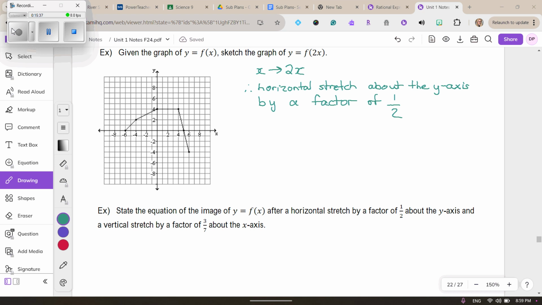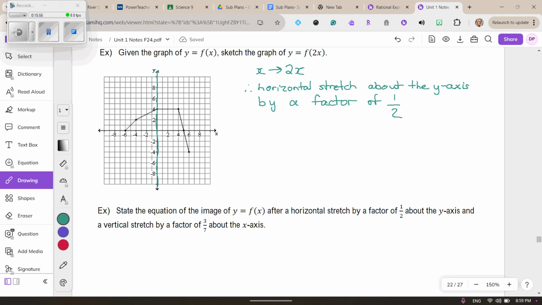What that means in terms of our graph is all the points on our y-axis stay on our y-axis. They cannot get stretched horizontally. But the rest of the points are going to get stretched by a factor of 1/2.